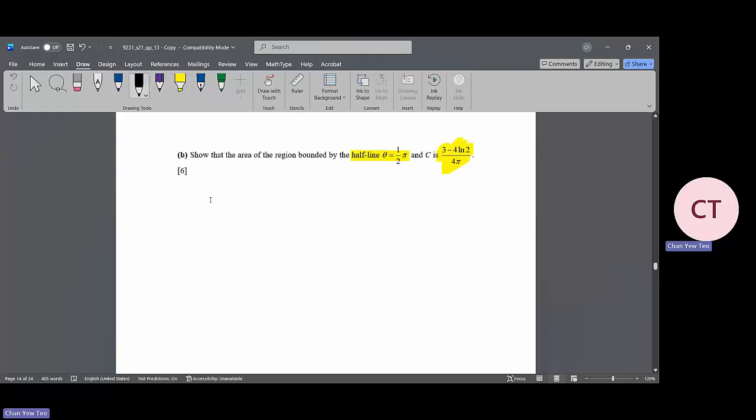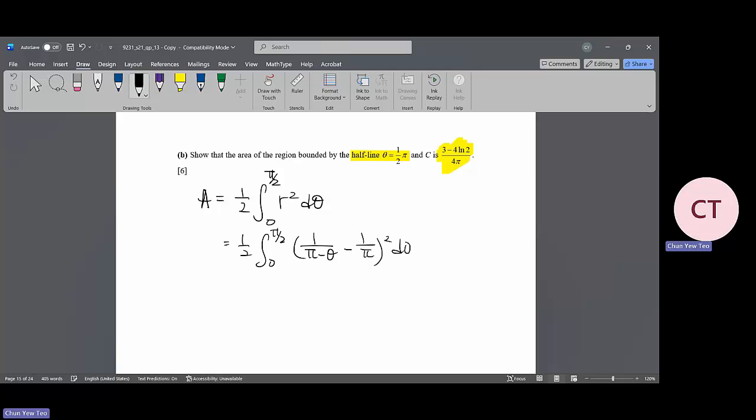So the formula for area is half r squared d theta from 0 to pi over 2. And the r is 1 over pi minus theta minus 1 over pi squared d theta.